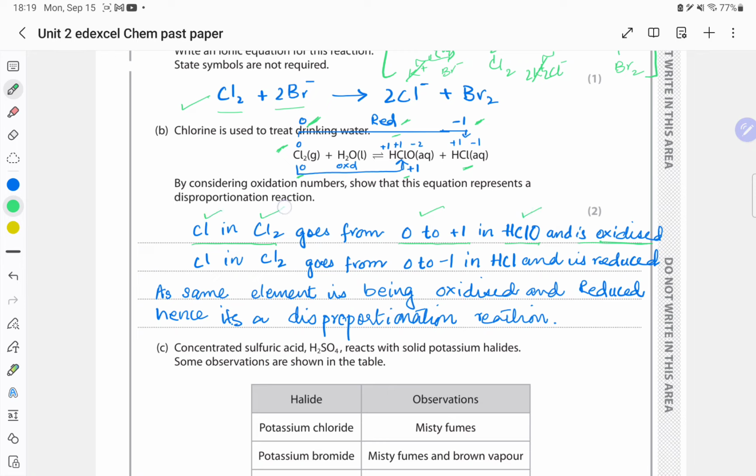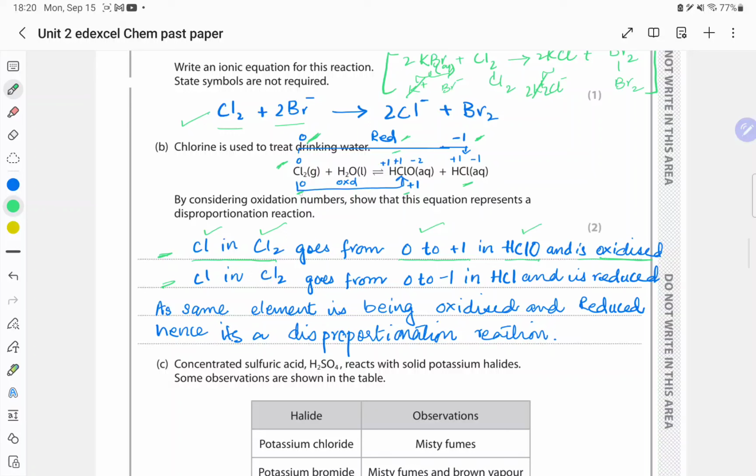Here we are talking about this. Okay, and then the second point you're going to say Cl in Cl2 goes from 0 to -1.